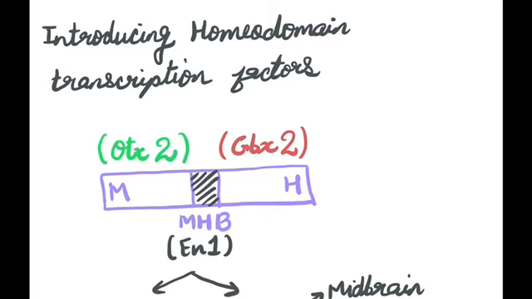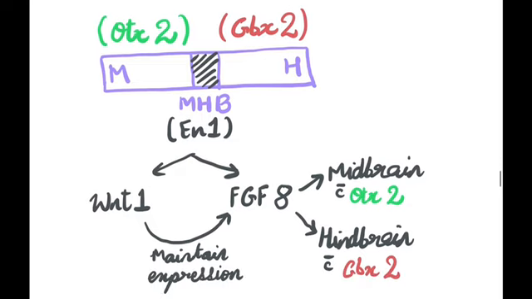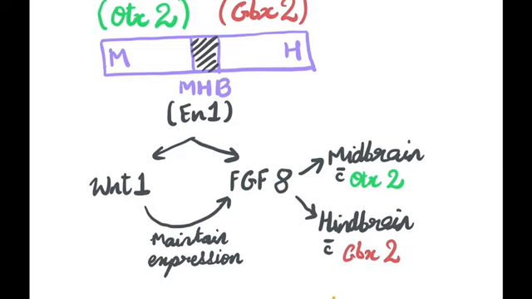At this midbrain-hindbrain boundary, other transcription factors are expressed, like EN1, which controls signaling factors WNT1 and FGF8. WNT1 is shown to maintain the expression of FGF8, and FGF8 spreads in both directions, that is towards the midbrain and towards the hindbrain, or rostrally and caudally.